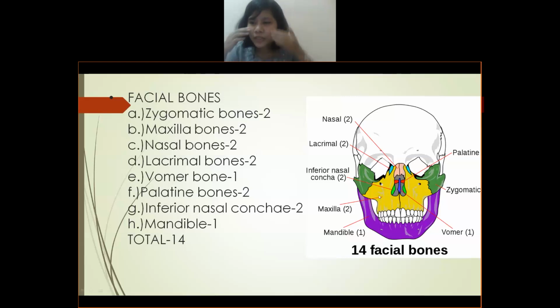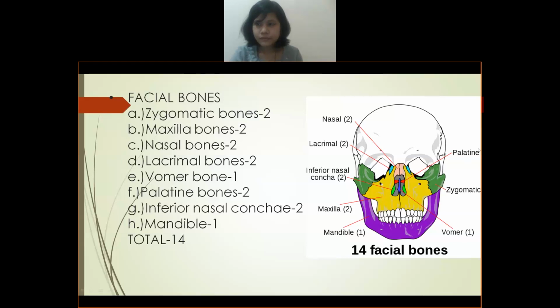And next is maxilla bones. Where is the maxilla situated? Here, these two parts. Can you see me or not? Yes, ma'am. Here are your zygomatic bones.